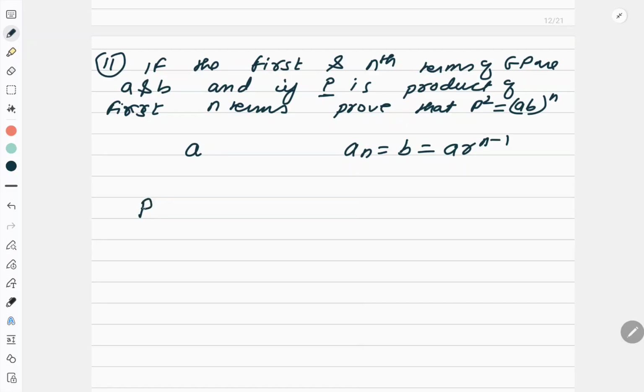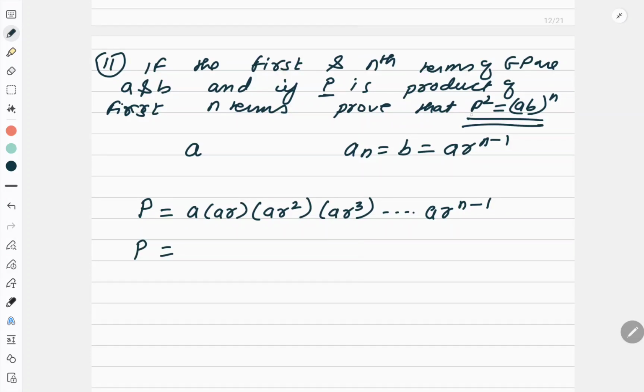So P is the product of the first n terms, meaning A, AR, AR square, AR cube, and so on, up to AR to the power n minus 1. Correct? At the end I need to figure out P square, so if I simplify P, I can do the question.